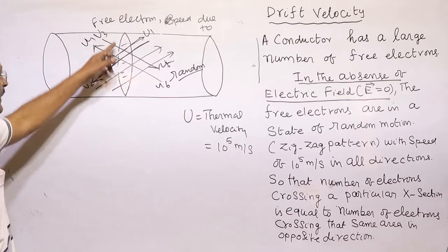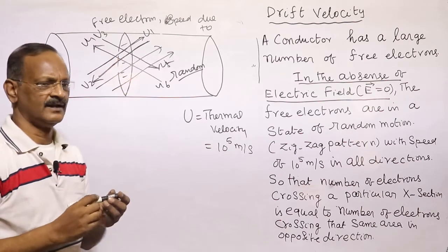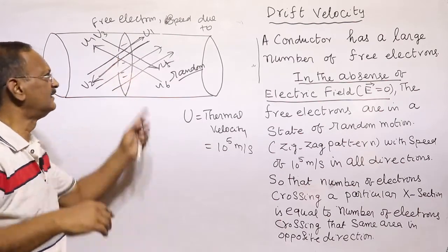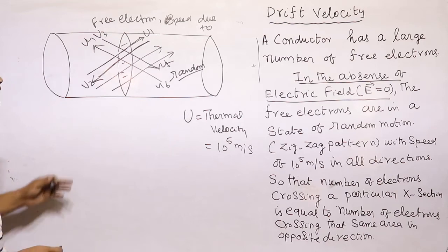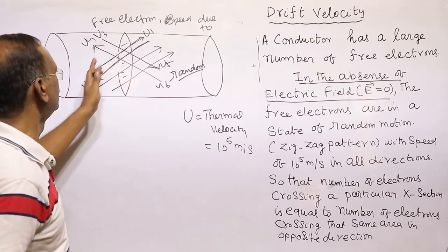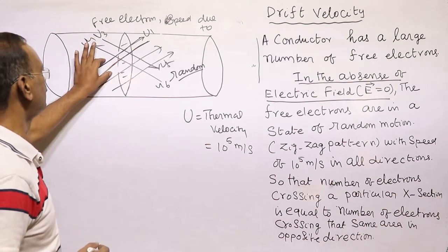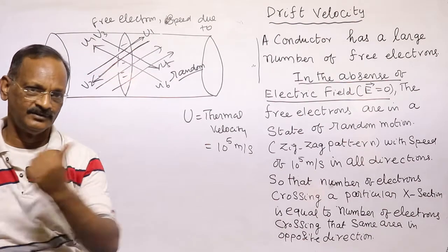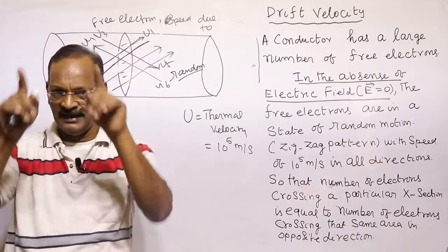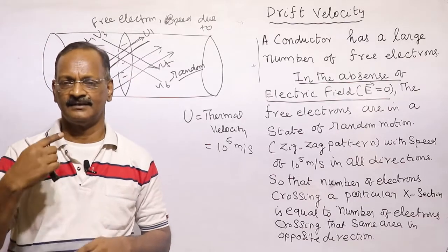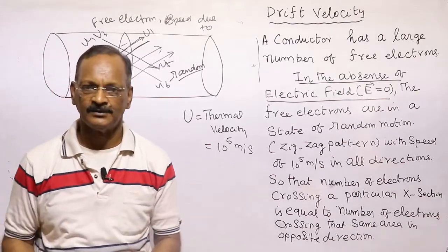At a given cross section, suppose we cut the conductor, this many electrons will flow. It means one charge, that is an electron, is flowing this way, and another is flowing the other way. Net flow is equal to net charge flow. One is going this way, one is going through the other way, through this cross section, so the net charge flow will be 0.